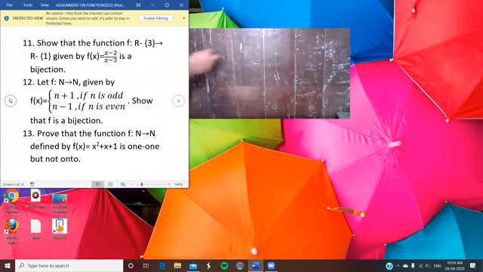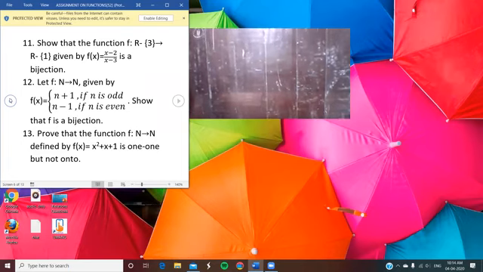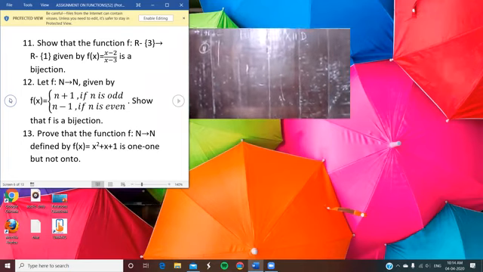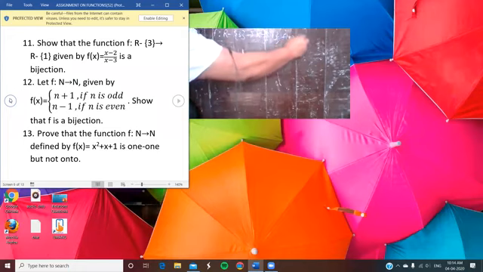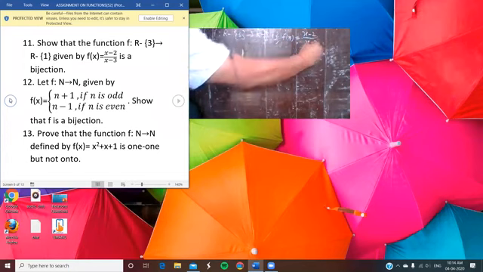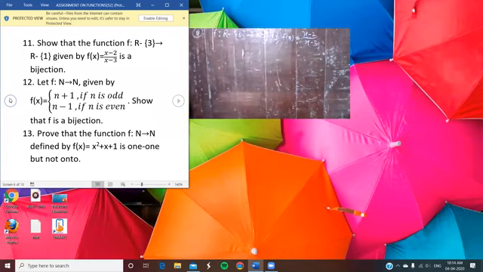So here in question number 11, f is such that R minus 3 to R minus 1 is given as f(x) equal to (x minus 2) divided by (x minus 3). You have to prove that it is bijective.